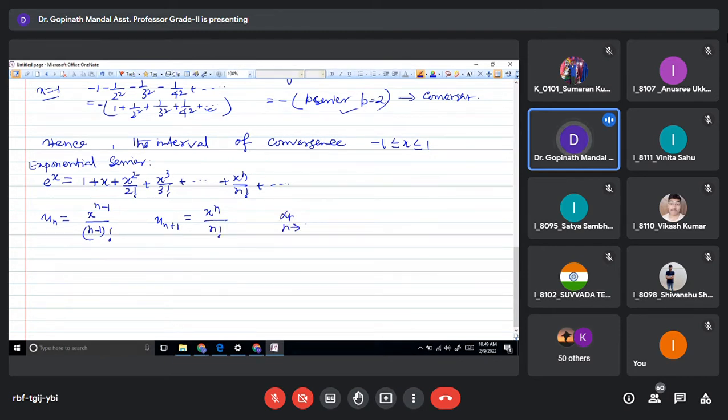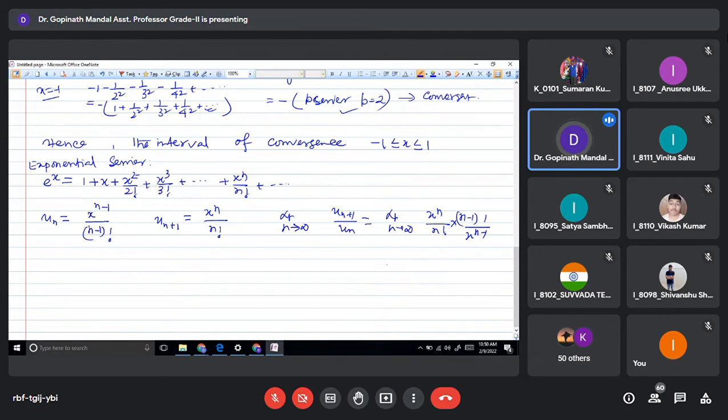So limit n tending to infinity, un plus 1 by un is equal to limit n tending to infinity, x to the power n by factorial n into factorial n minus 1 by x to the power n minus 1.